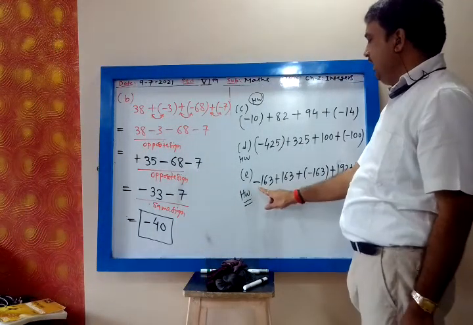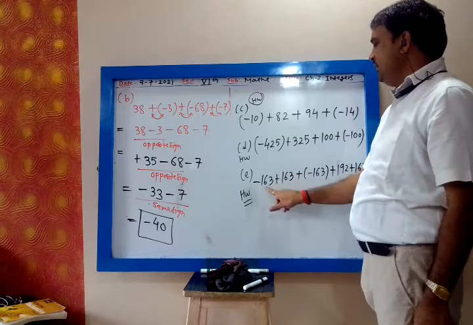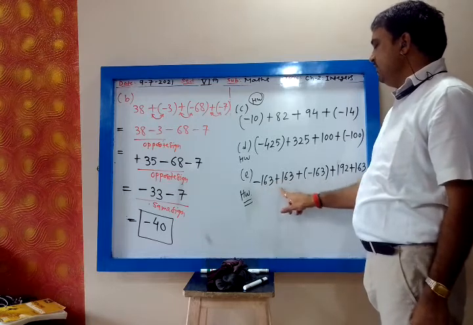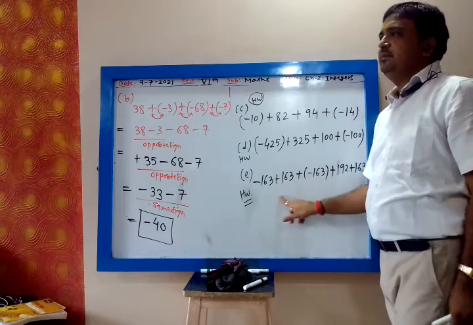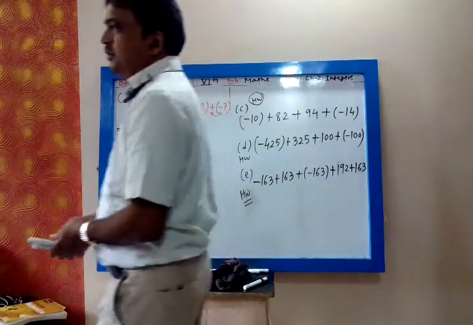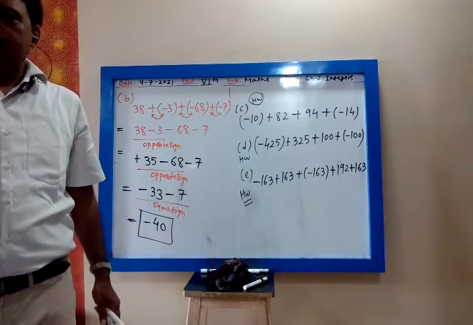My dear, minus and plus are opposite signs. So 163 minus 163 will become 0. Okay? Mute the microphone.